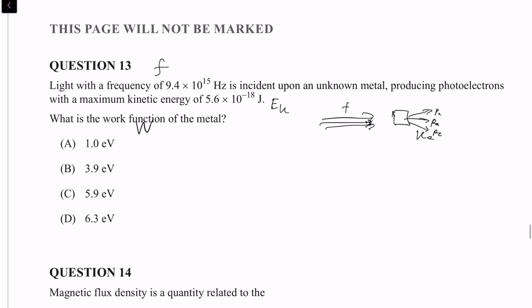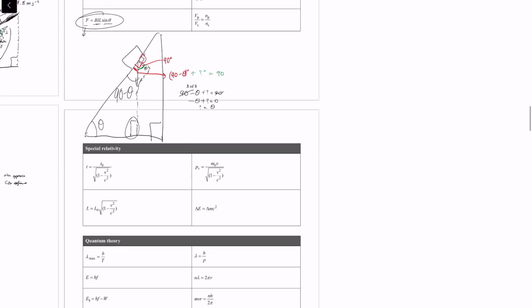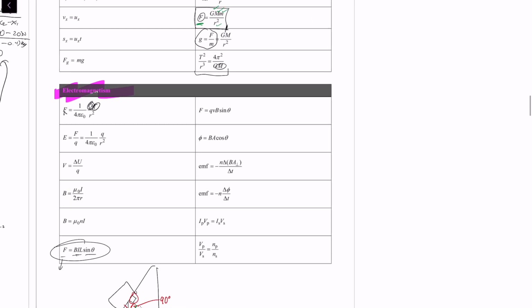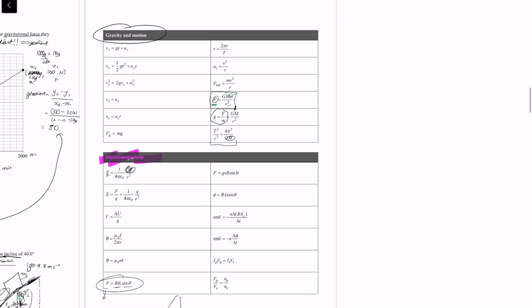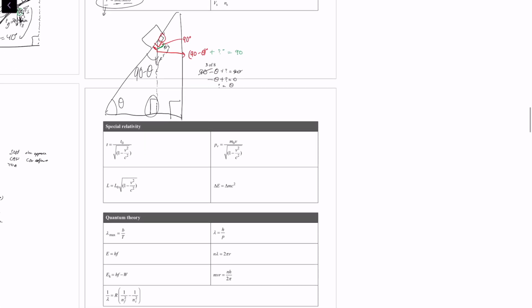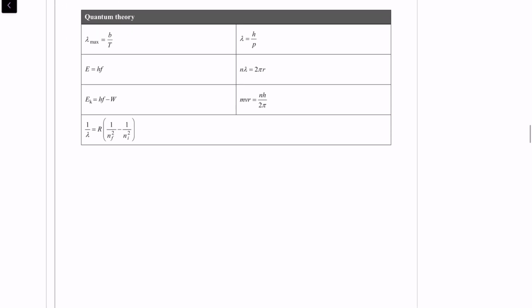Okay, just a quick figure, but what really matters is the formula here. If I look in towards the electromagnetism, or no, I think it was quantum theory. Yeah, quantum theory is going to be EK equals HF minus W.